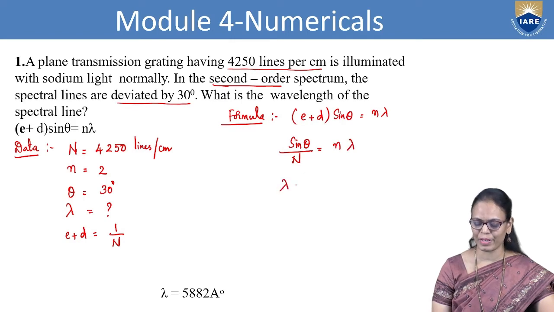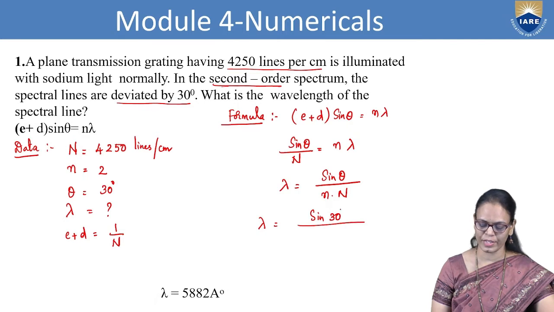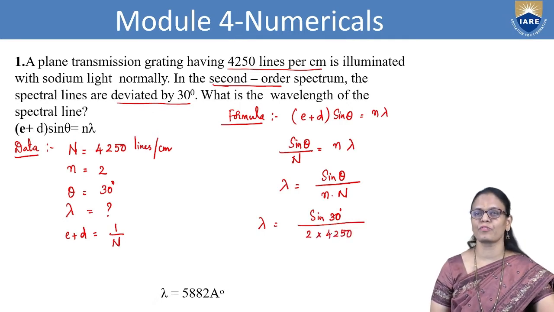So lambda will be equal to sine theta upon small n into capital N. So lambda is equal to sine theta, that is 30 degree, by order, what is order? 2, into 4250, number of lines.